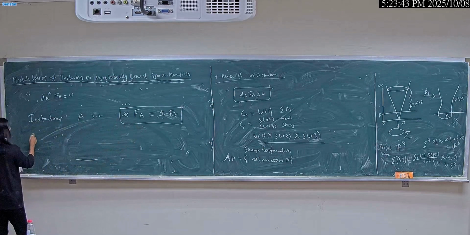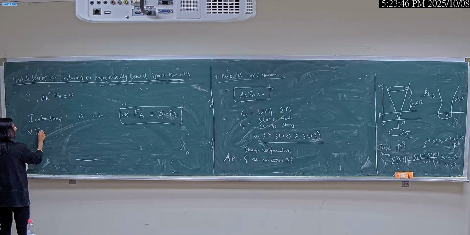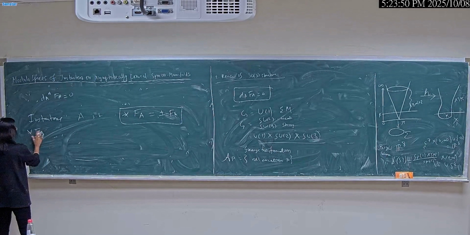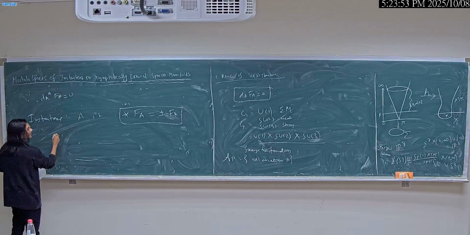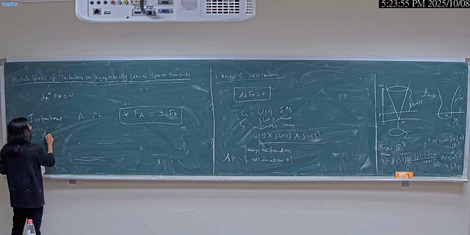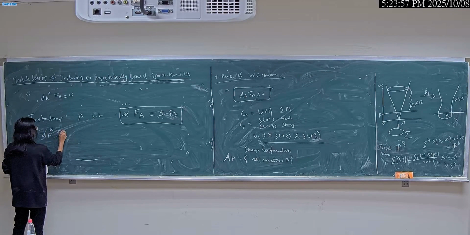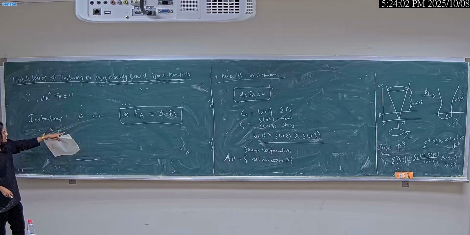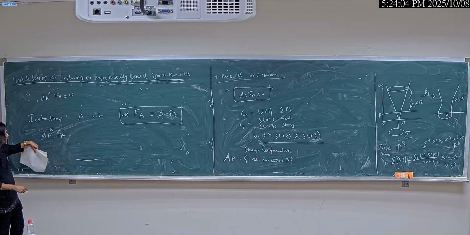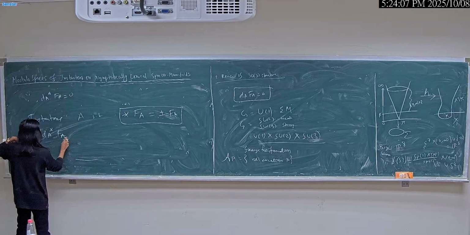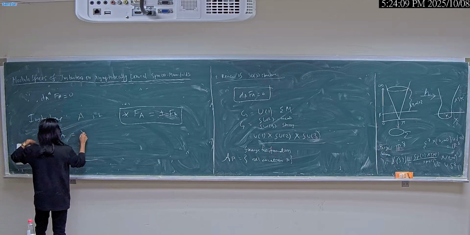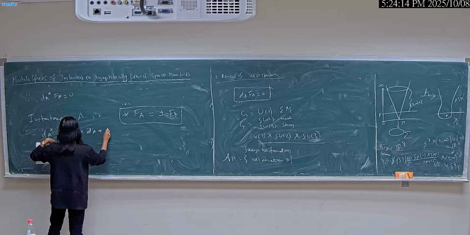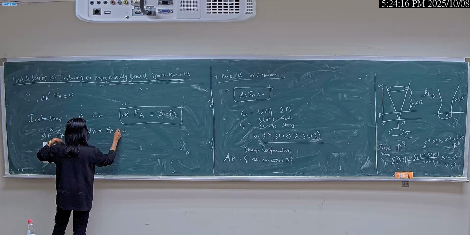How? It's a one-liner. So you have star of F_A. You want to apply d_A. This should be 0. If your connection satisfies Yang-Mills, this should be 0. In there, d_A star F_A means minus star d_A star F_A equals 0.